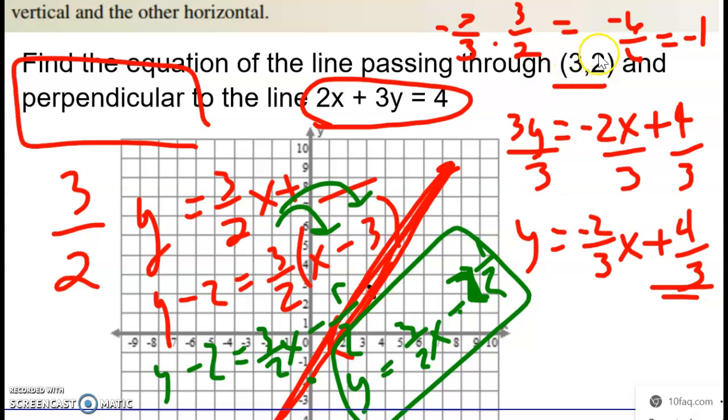Y minus the y coordinate of 2 equals slope, which is 3/2, times x minus the x coordinate of 3. 3/2 times 3 is 9 over 2, which is 4.5. So when I added 2 to -4.5, that gave me -2.5 as the y-intercept. Y equals 3/2 x minus 2.5.